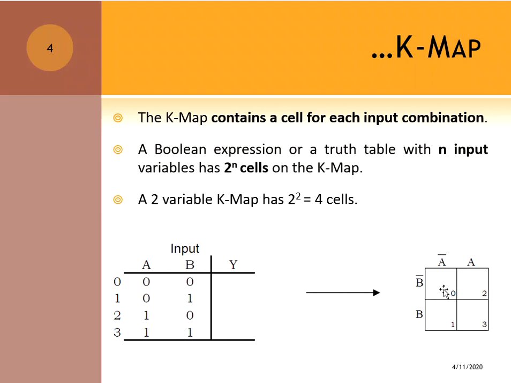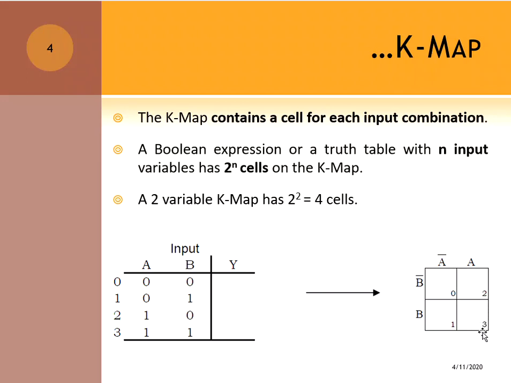So that's why we write 0 here. Okay, next. Let's check why we write 2 here. Because A is 1, B bar, B is 0. A is 1, B is 0 belongs to row 2. That's why we write 2 here.